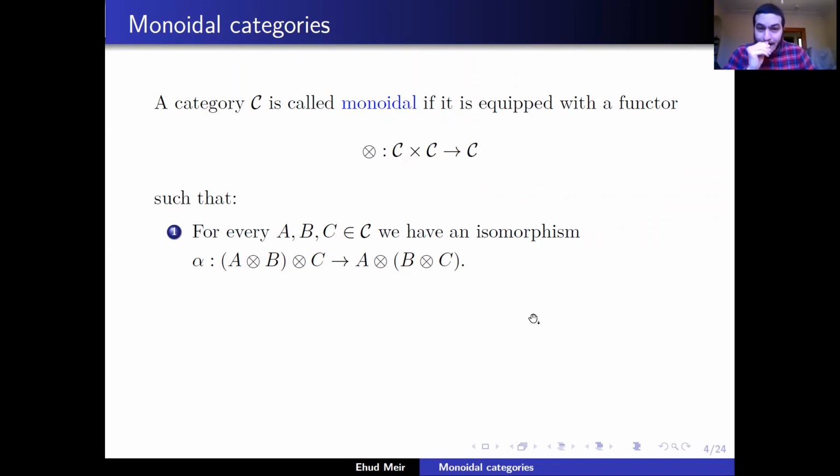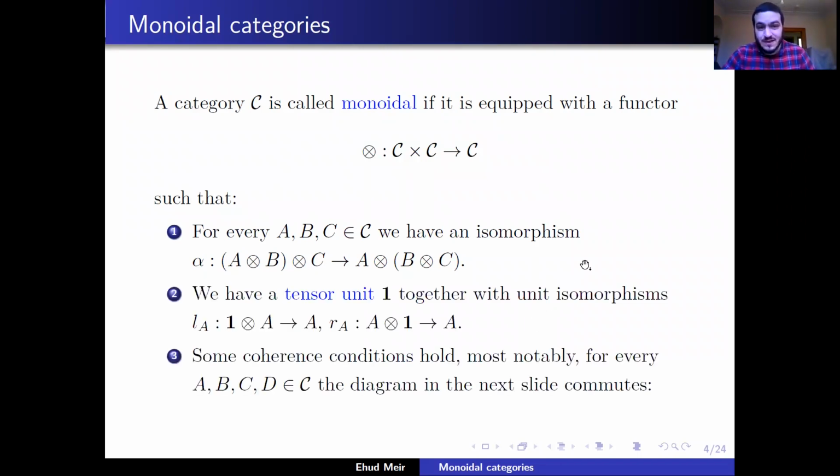So in other words, we say that the two objects are isomorphic, but there's also a specific isomorphism between them. And we have a tensor unit 1 together with unit isomorphisms. So tensoring with 1 is actually isomorphic to just not doing anything, both from the left and from the right. And last thing, and quite important as well, is that some coherence conditions must hold.